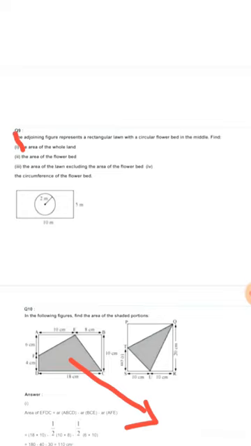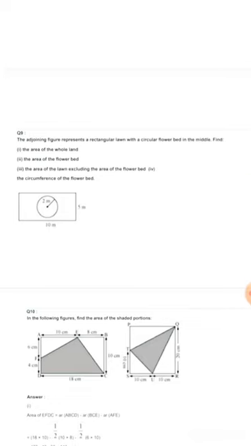You will find the area of ABCD first. Then you will have to subtract BCE, this one and this one, so you will get the area of the shaded region.